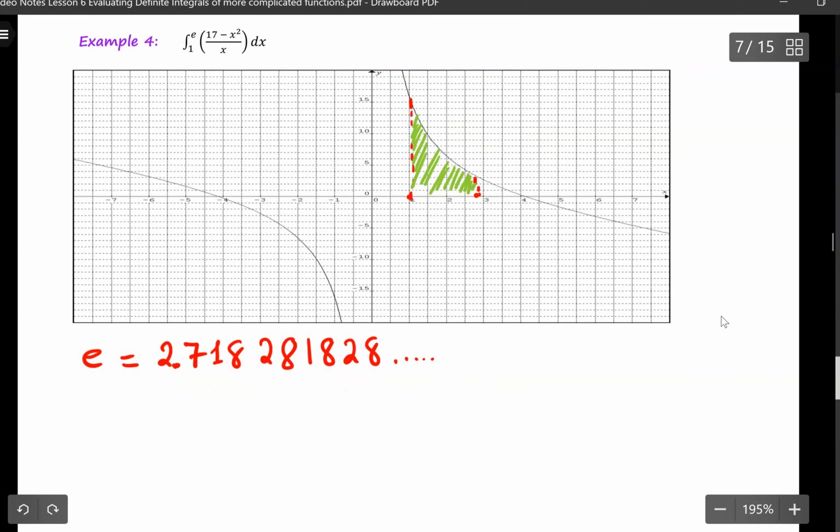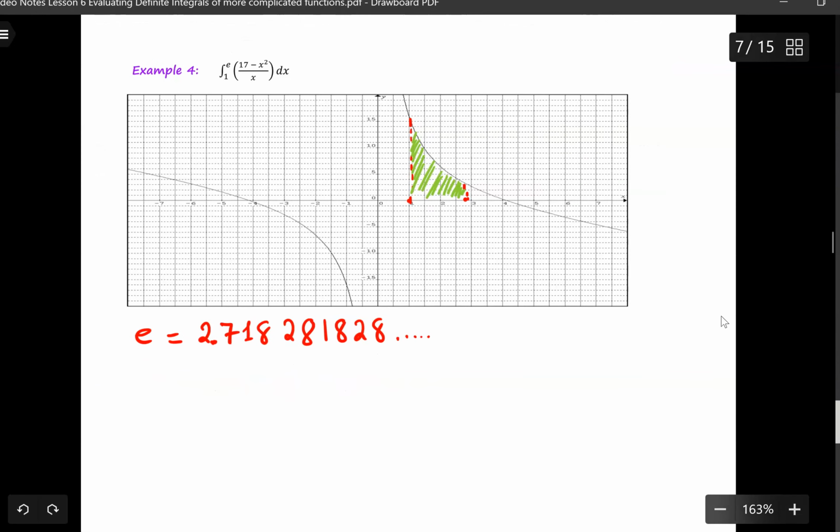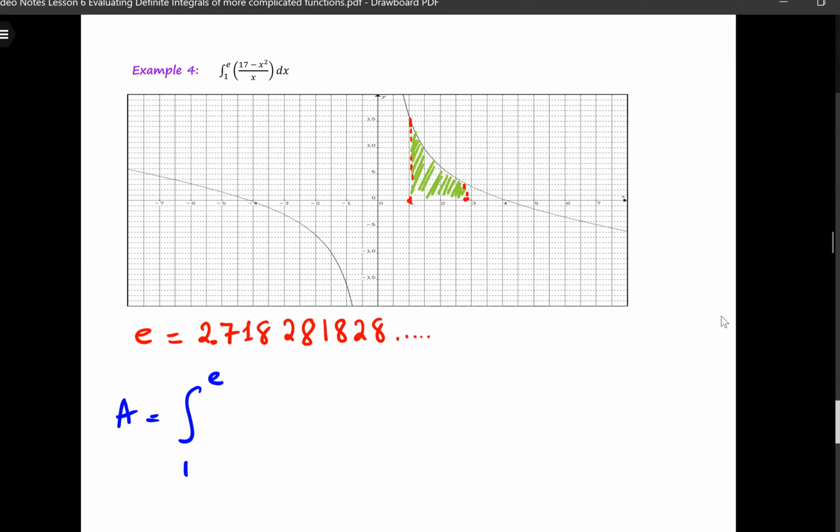So the area will be equal to the integral from 1 to e of 17 minus x squared over x. For this type of integrand, I am going to break this fraction into two individual fractions so I can simplify my term before I integrate.